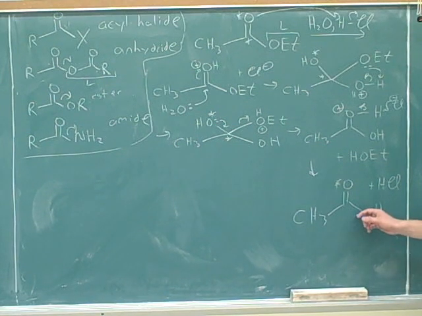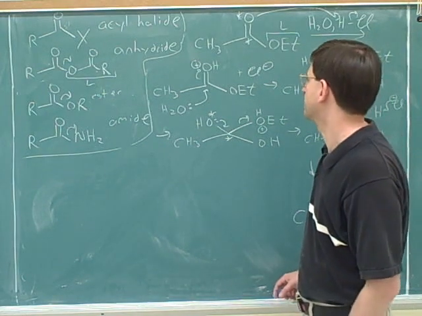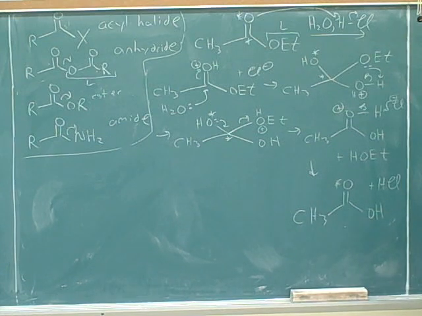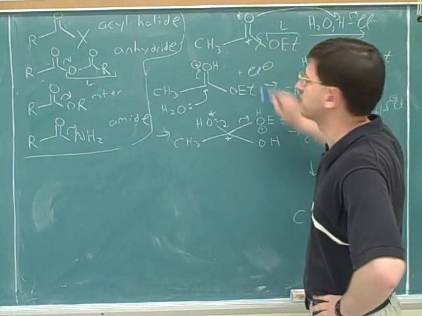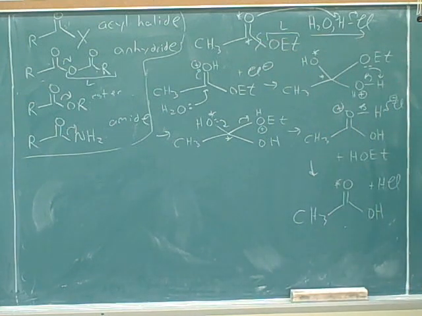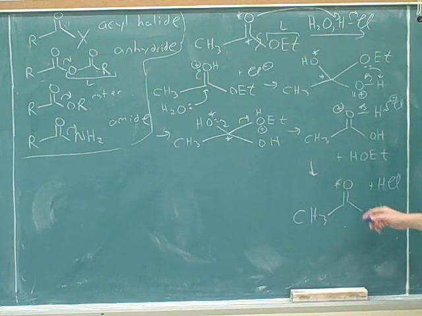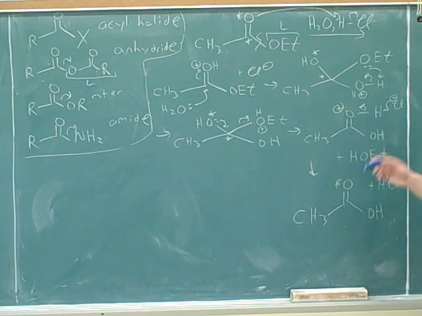So it's important to see that we produce the carboxylic acid here. Remember, that is why esters are called carboxylic acid derivatives, because when you hydrolyze them, they give you carboxylic acids. All right, so this was our hydrolysis. The water basically broke this bond. It's important that you know this mechanism, but also that you're able to go straight from here to the products, because in the exam, you're going to see some problems that involve, say, 5 hydrolyses, and he doesn't want you to do all the mechanisms, he just wants you to do the hydrolyses.